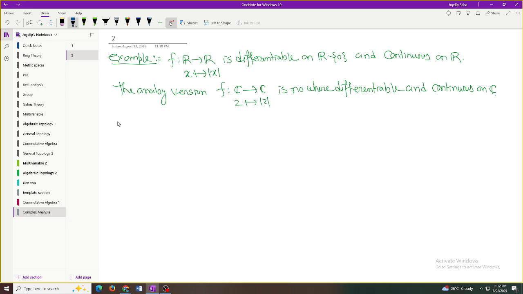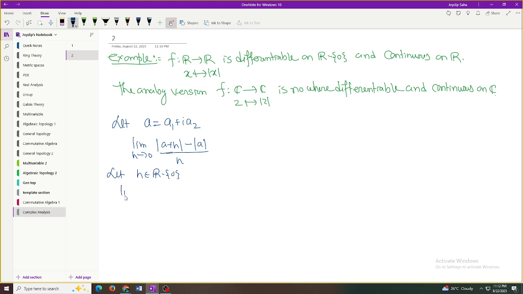Let a equal to a1 plus i a2. Let h belong to R minus 0.